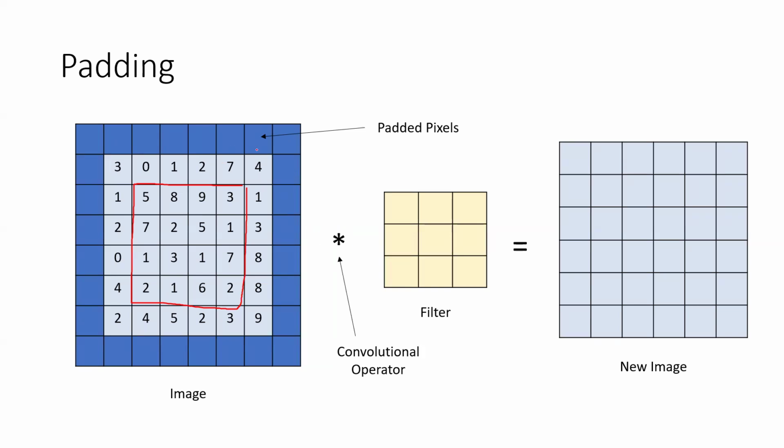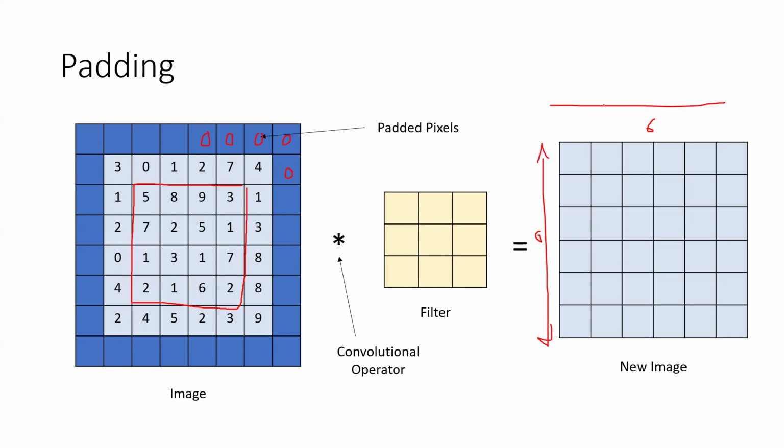So what you do is you add the pixels with the value of 0 for all the newly added pixels, and then once you apply the convolutional operator, you will get the edge image which has dimensions similar to the earlier image. So this should also be 6 by 6 in dimensions.